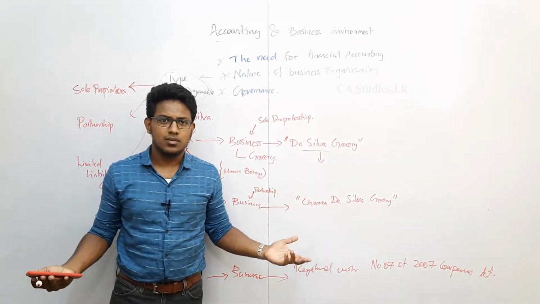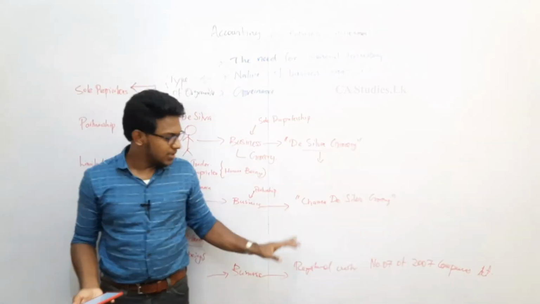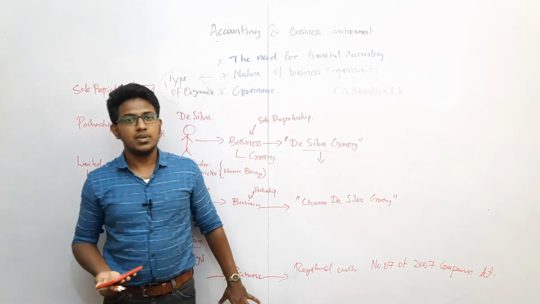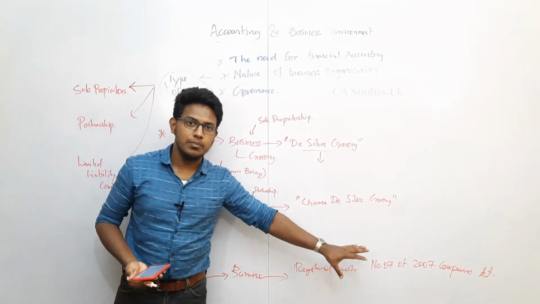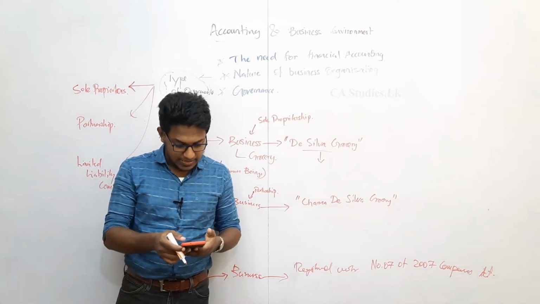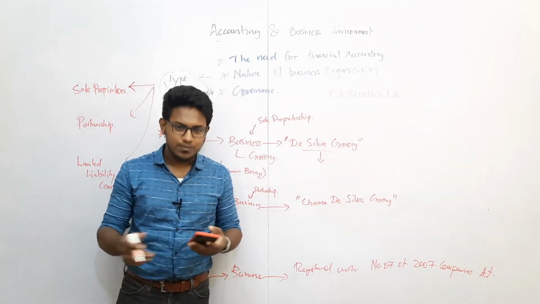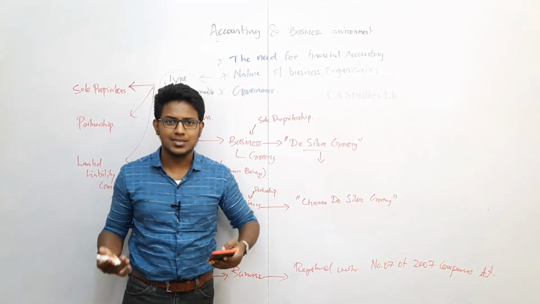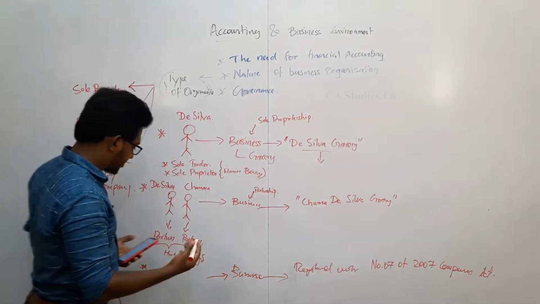A business owned by more than one person is a partnership. Any business registered under the Companies Act is a company. These three are the only ones explained in your study pack. We should go with the study pack in order to pass the exam quickly.